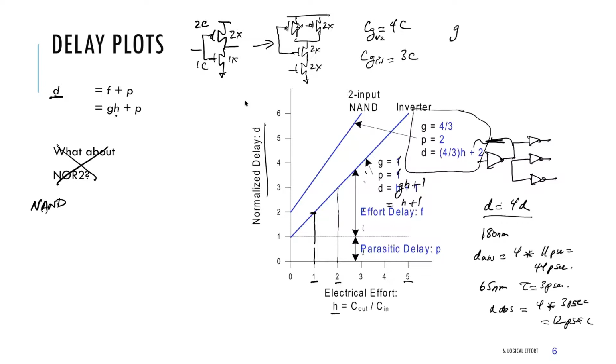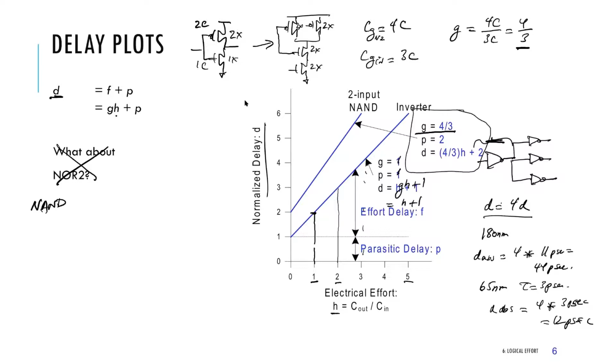And G is the ratio between these, 4/3. That's our G. So no matter what process you're in, as long as you have a 2-input NAND gate sized to have the same drive as your unit inverter, its G is going to be 4/3.